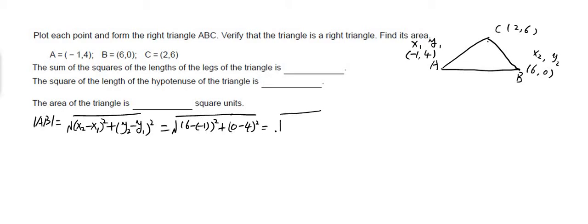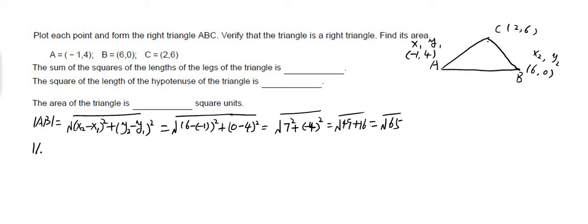And we can simplify. 6 minus -1 is 7. 7 squared plus -4 squared is 49 plus 16 equals 65.